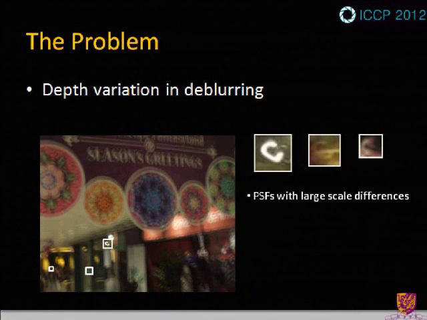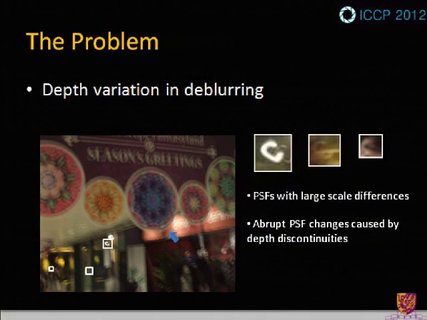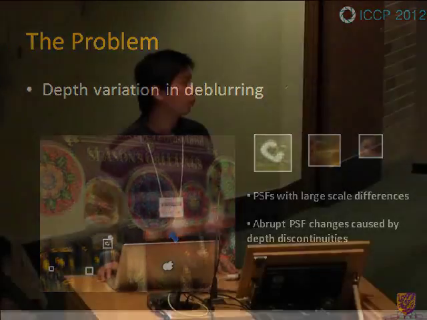In the first place, scene points with different depths may have different PSFs, and the scale of PSFs changes largely, as evidenced by the point trajectories in the 3 patches. In the second place, sharp depth discontinuity will cause abrupt PSF changes, which makes it difficult to estimate even with local patch-based methods.